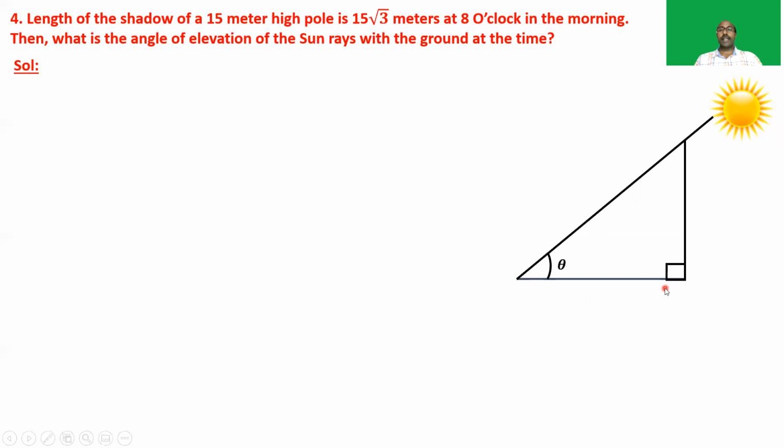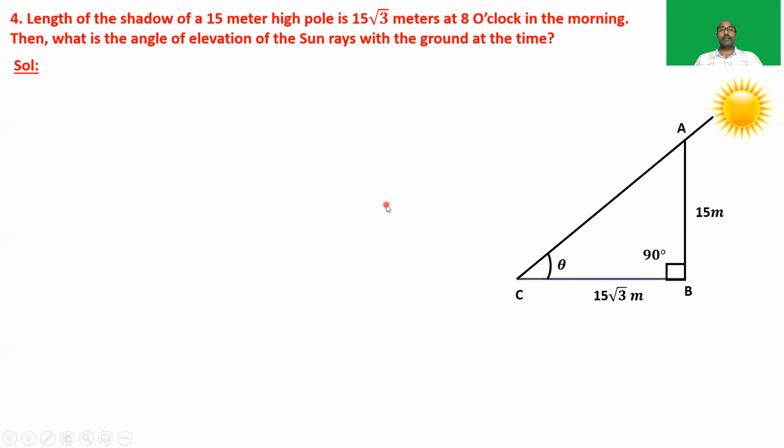Here the angle is 90 degrees because the pole stands vertically on the ground. Let AB be the height of the pole and BC be the length of the shadow. The height of the pole is 15 meters and the length of the shadow is 15 root 3 meters.